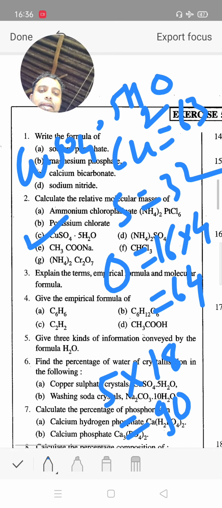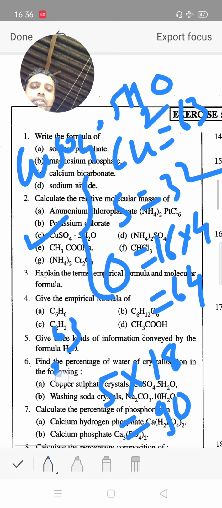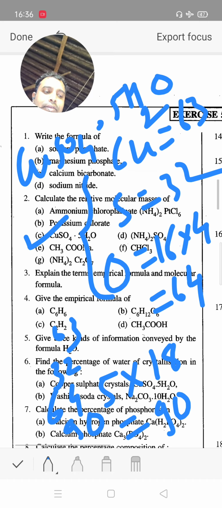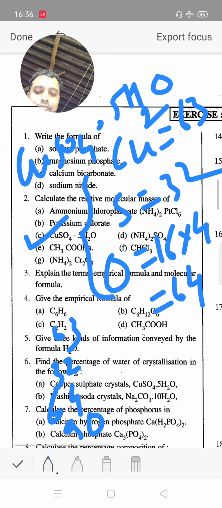Then add all these values: 63 plus 32 plus 64 plus 90. We get 249.